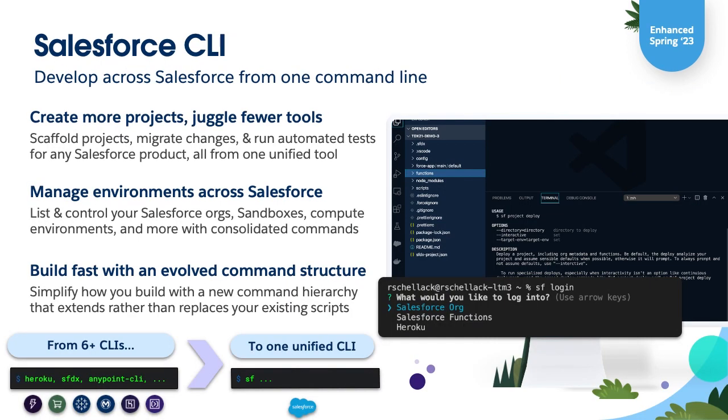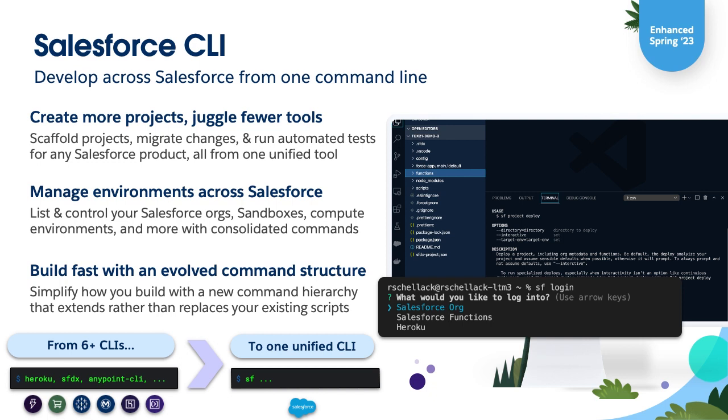Next, let's continue talking about the Salesforce CLI. If you take a look at the Salesforce CLI release notes, you will see that they are divided in two sections: innovations for SF and for SFDX. The SF CLI was created to unify the CLIs from different Salesforce products and clouds without disrupting the regular SFDX one.